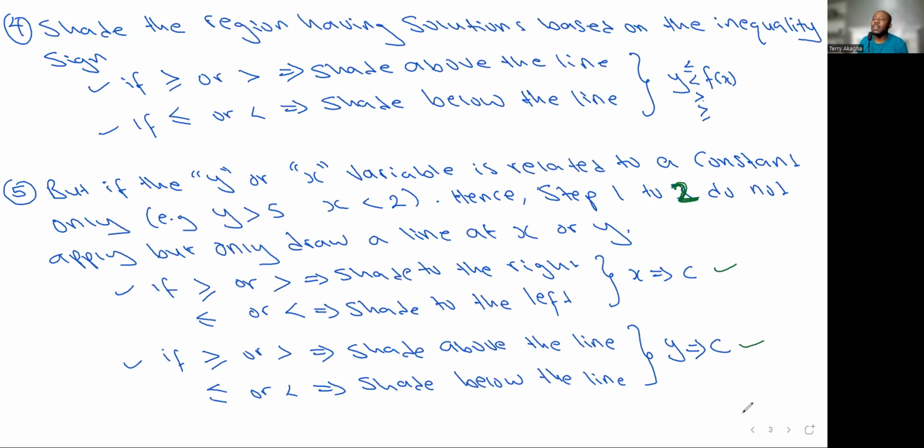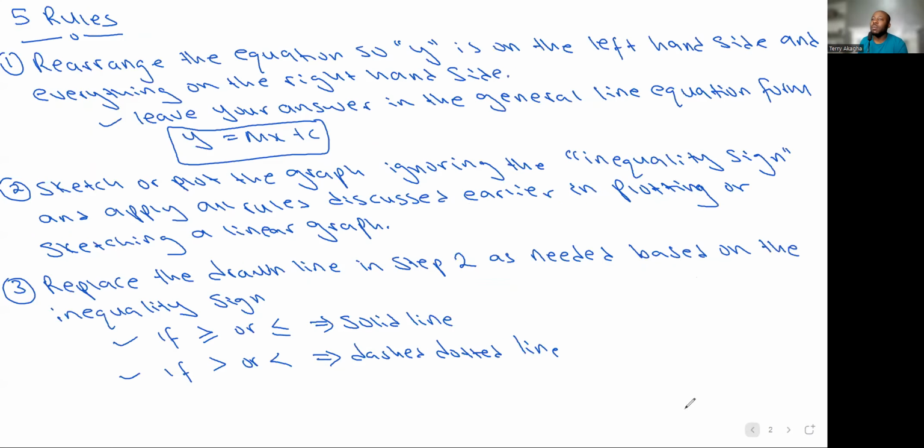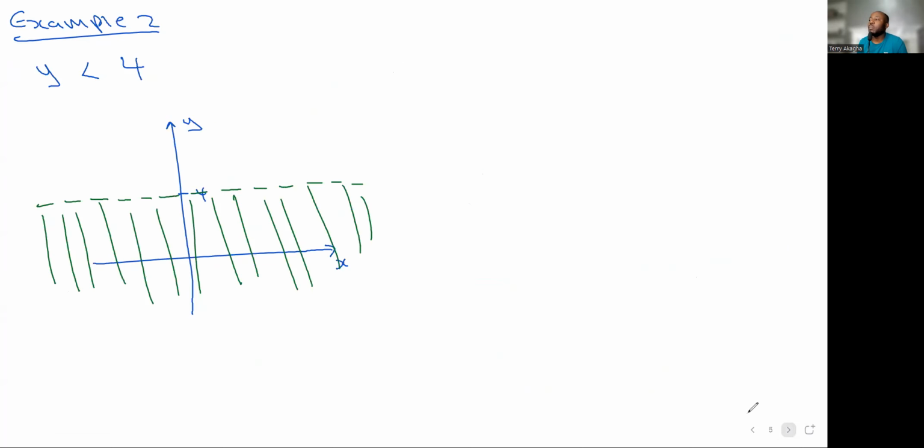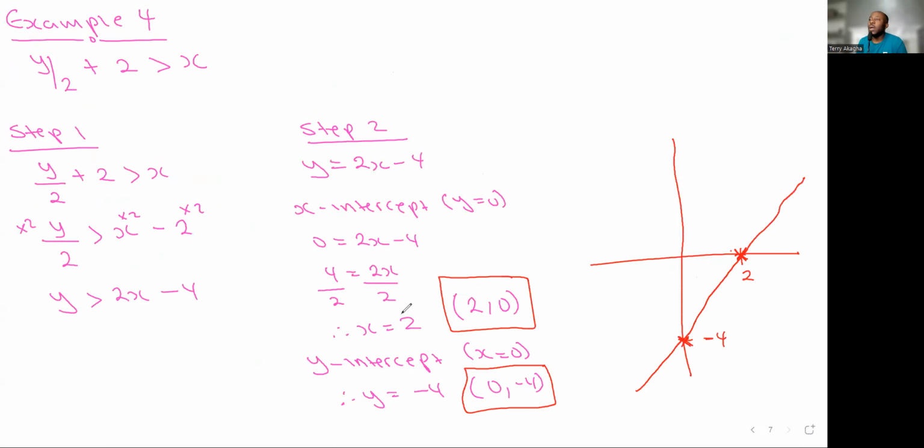Now, what's the next thing? Step 3, we have to replace the drawn line as needed based on the inequality sign. If it's equal to or greater than or equal to, you use a solid line. If it's greater than or less than, you use a dashed dotted line. So let's look at it. Step 3, we have a what? Can you see? Greater than. So that means what we need to use here is a dashed dotted line.